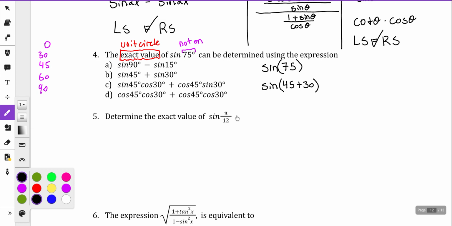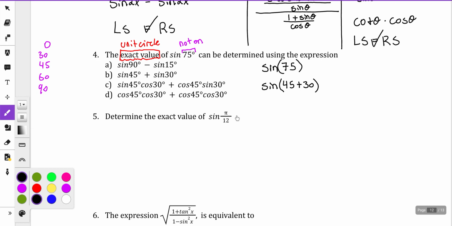This is on your formula sheet. When we have angles that get added or subtracted together, there's a formula for that. If you look over here, you will see sine A plus B equals, and then they give you that big spiel.